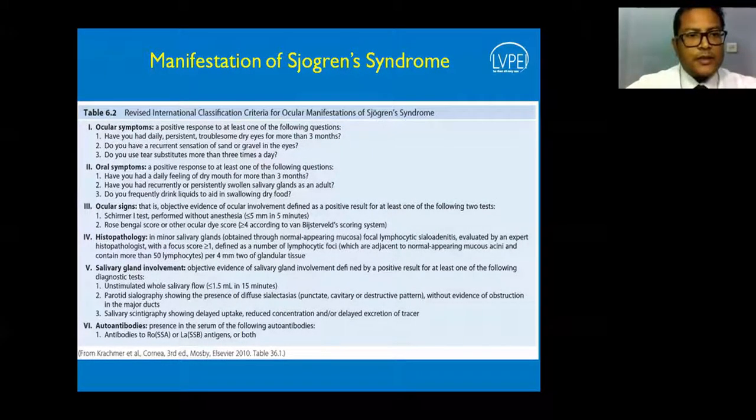Oral symptoms such as daily feeling of dry mouth for more than 3 months, recurrent or persistently swollen salivary glands, frequent need to have fluids to aid swallowing of dry food.